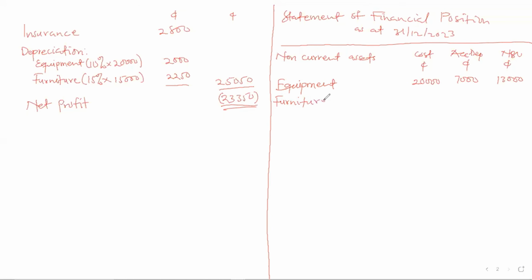The furniture, the cost is 15,000. Then the accumulated depreciation is 3,000, and we add the current depreciation, which is in the P&L account. So 3,000 plus 2,250 will give us 5,250, which is 9,750.